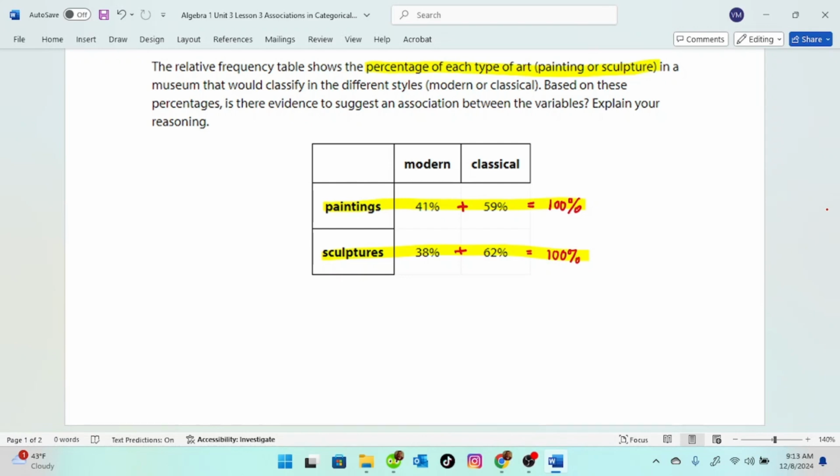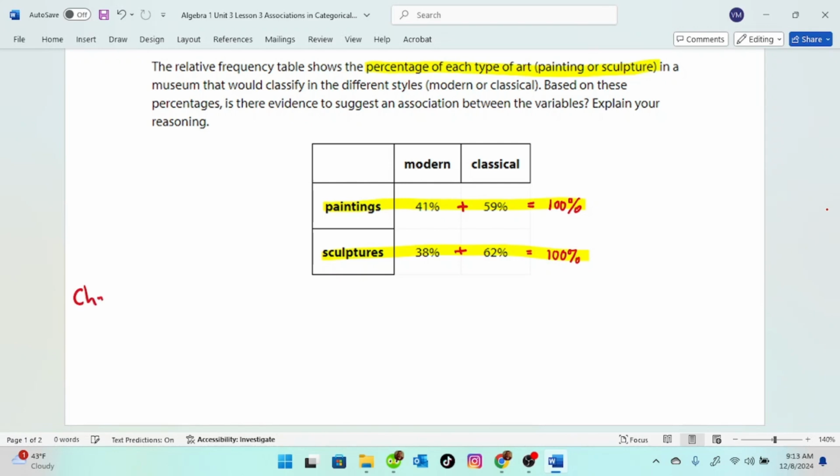So, if we want to know whether there is an association between the variables or not, if we change the category from paintings to sculptures, do we see a significant change in the likelihood?